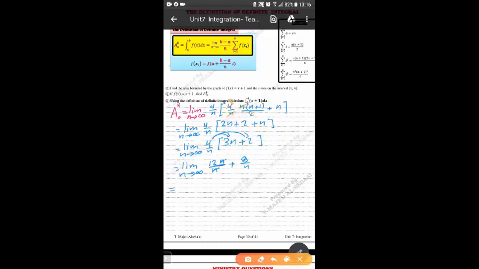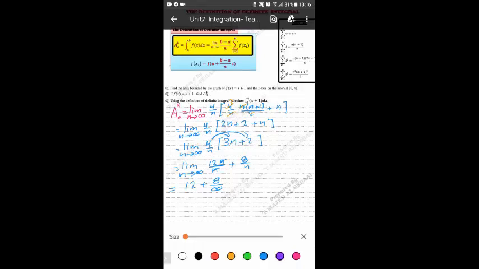I will solve this limit by using substitution. I will substitute n by infinity. The answer is going to be 12 plus 8 over infinity, right? Clear? Okay. And you know that 8 over infinity is 0, right? So the answer is 12. It is 12 as we found before.